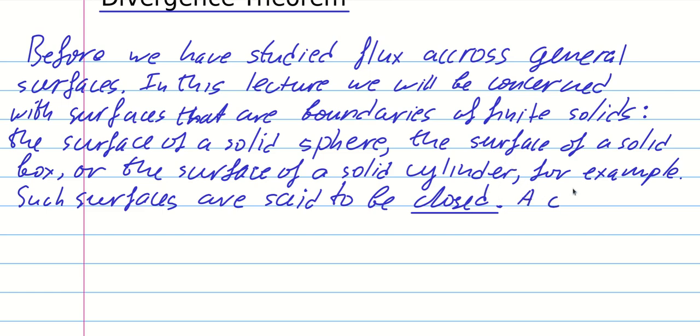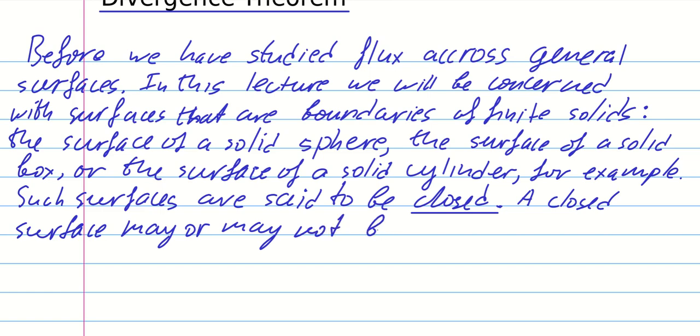And a closed surface may or may not be smooth. Like a box, right, is not really smooth. But what is always true, that parts of it are smooth, all right?